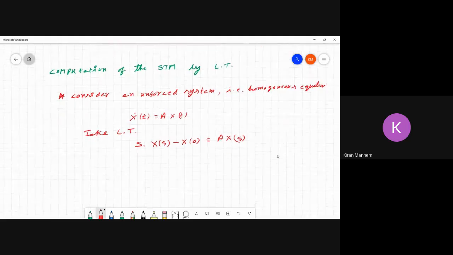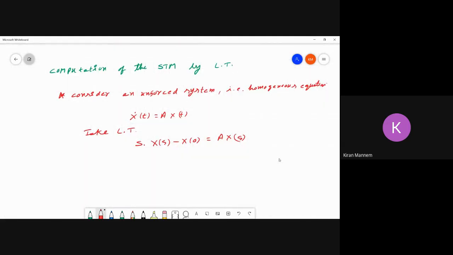Now I think we can take some common matrices here. So I can write it as sI minus A into x of s is equal to x of 0. Rearranging the terms, I can get this.